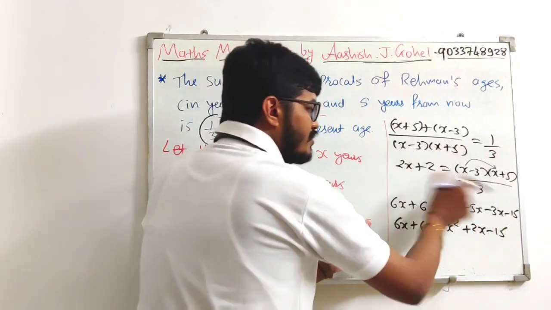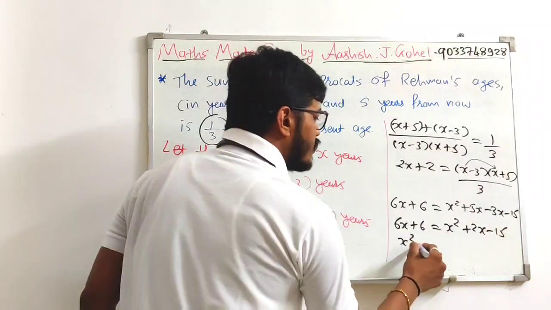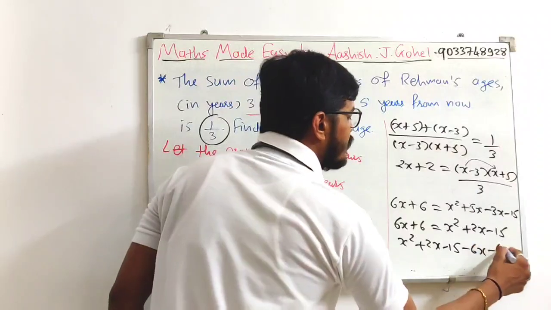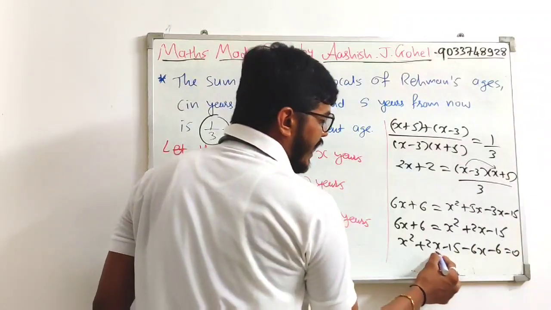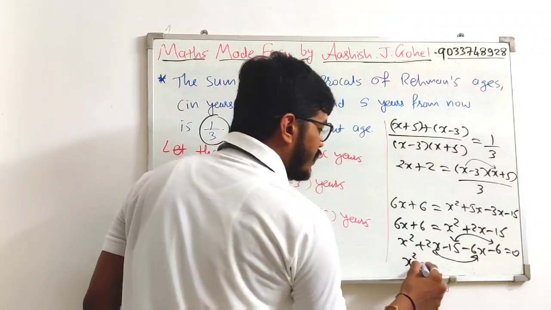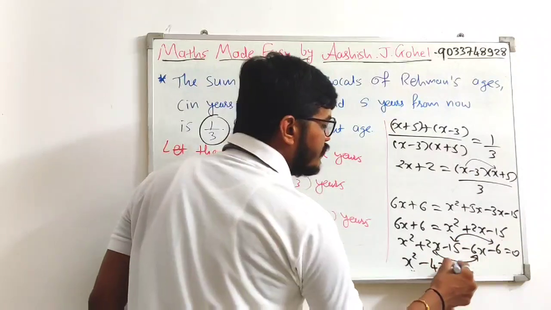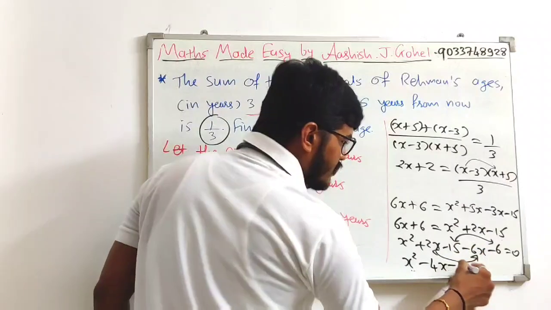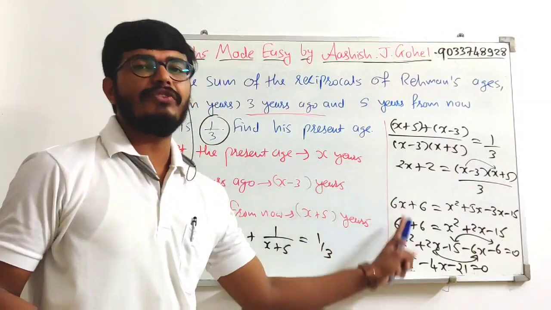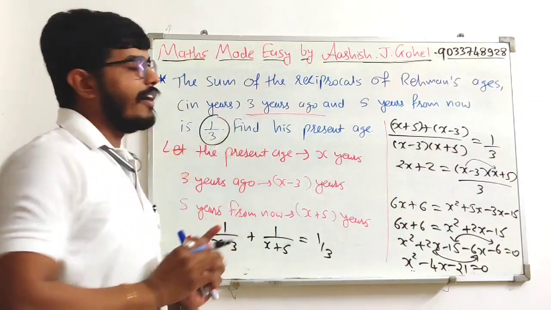Now we will take these both terms on that side, so x square plus 2x minus 15 minus 6x minus 6 is equal to 0. Now if I add and subtract these terms, then I will have the final equation as x square minus 4x minus 21 is equal to 0. So this is your required equation from the given data.